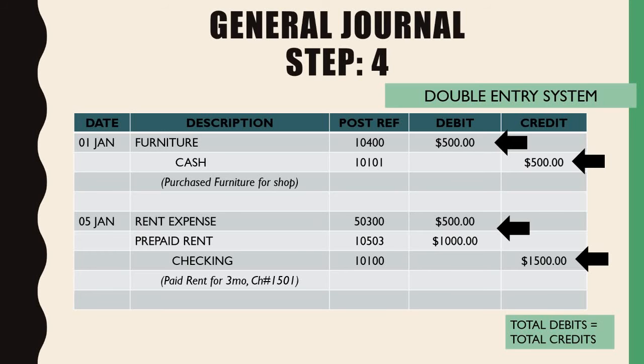So in this case, 500 for rent plus 1,000 to your prepaid is equivalent to your $1,500 that you spent, okay? Your $500 that you bought worth of furniture is equivalent to the $500 that you paid in cash, okay? So again, this must hold true that when you journalize, you're balancing the debits and credits, okay?